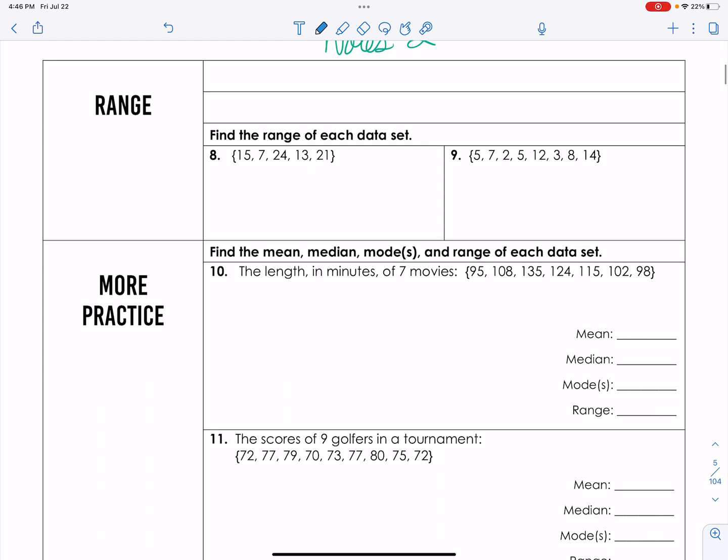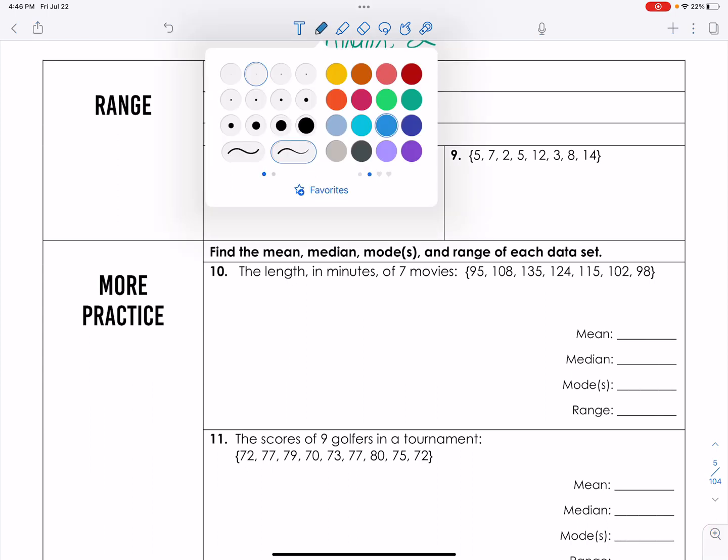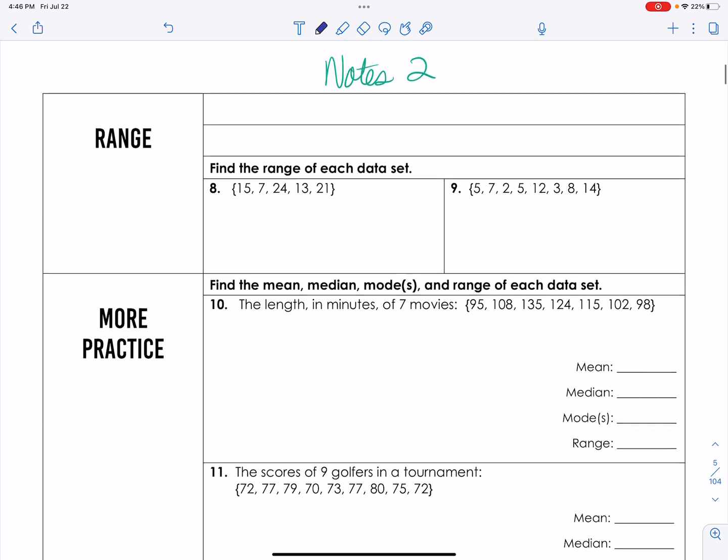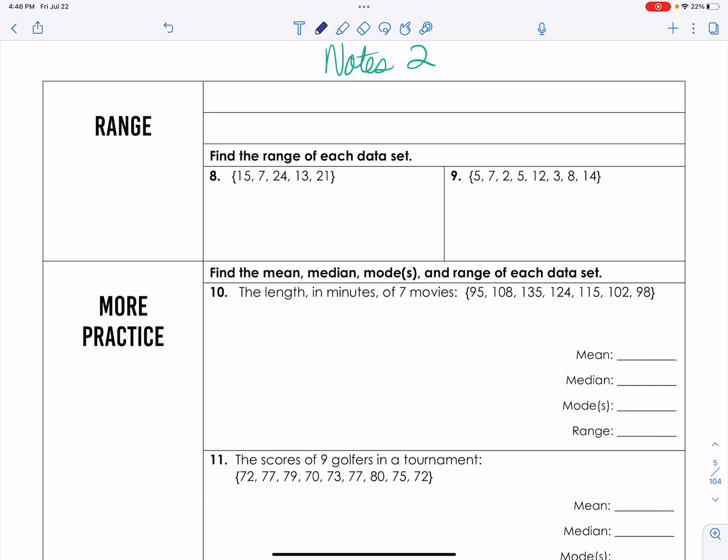All right, then finally the range of data. Now, I hate, as you get older, they use range differently in different units. When you're in a stats unit, the range is the difference between the largest and the smallest.